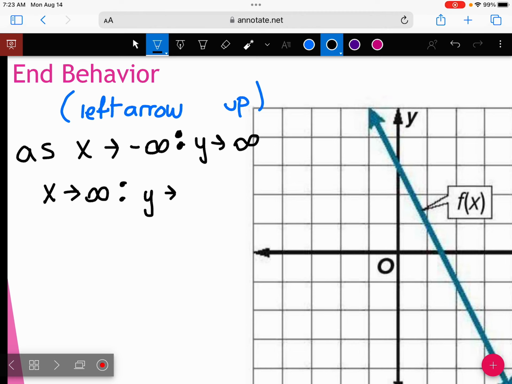Negative infinity, because the right arrow is going down. As it comes more and more this way, my arrow goes more and more that way. Negative infinity. So again, this means right arrow down.